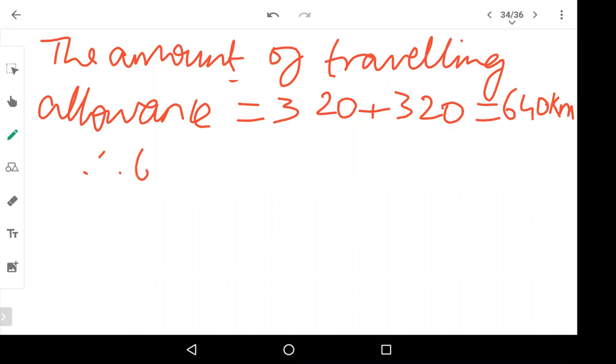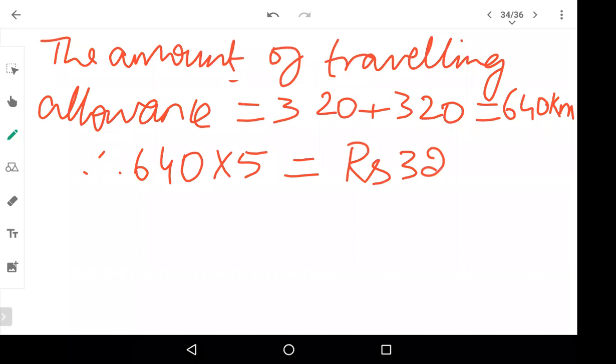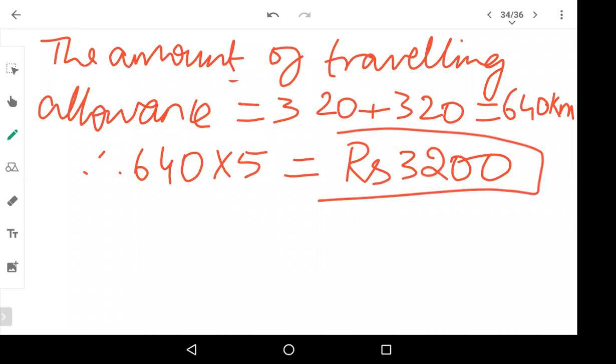Therefore, 640 kilometers into 5 is equal to rupees 3,200. This is going to be the traveling allowance. Did you all understand? So we answered both the questions. Yes, correct, 640 into 5, 3,200.